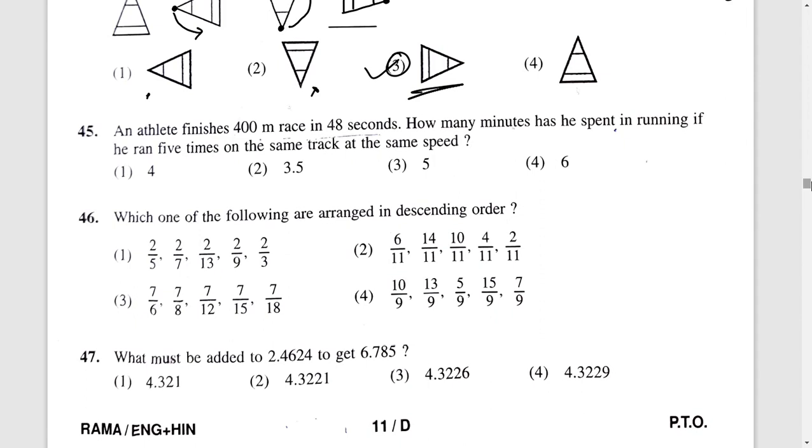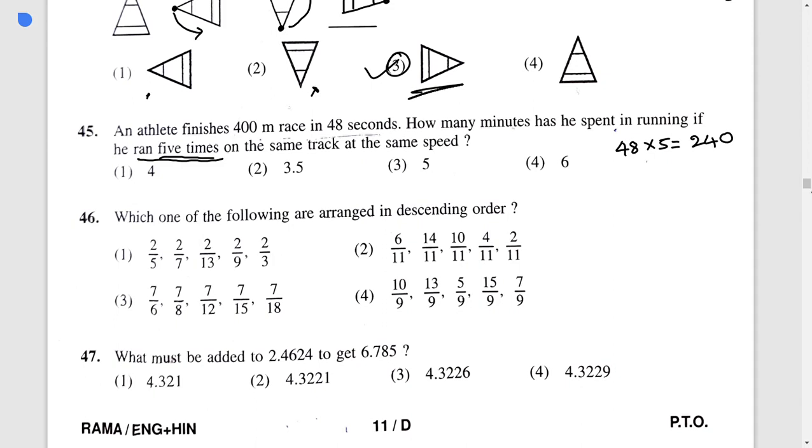45th question. An athlete finishes a 400-meter race in 48 seconds. How many minutes has he spent in running if he ran 5 times on the same track at the same speed? So he finishes 400 meters in 48 seconds. How many times did he run? He ran 5 times, means 48 into 5. This much time he is taking to run 5 times. 48 into 5 is 240.